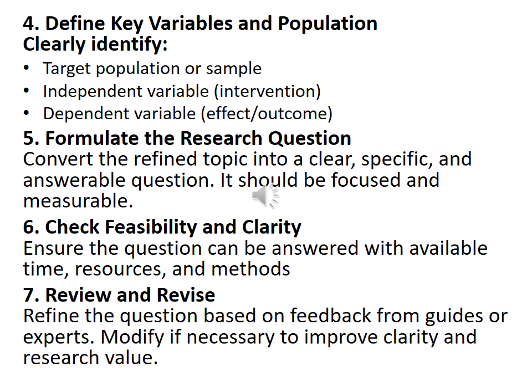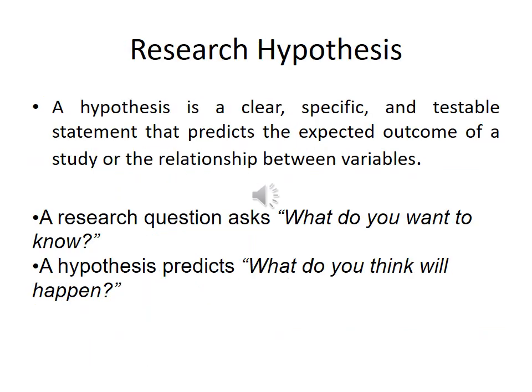It should be clear, specific and answerable. Next he will check the feasibility, whether he can complete the research with the available time, resource and method. So this thing he will ensure. And finally he will have the discussion with the research guide, and if it is necessary he can modify the research question. So these are the general steps involved in framing a research question.